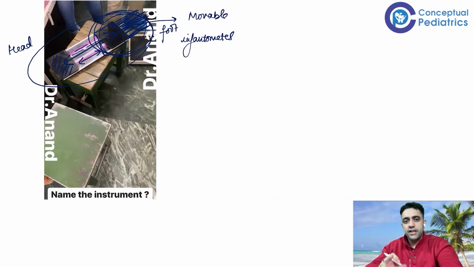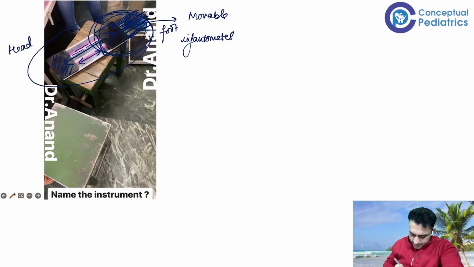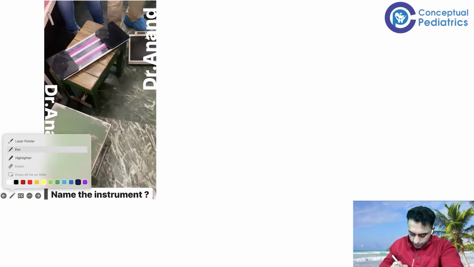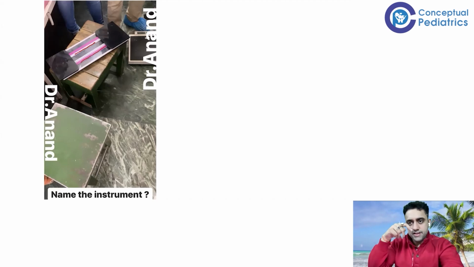This is an infantometer, and this is used to take the length of the baby. If the baby is bigger, then the pink part will be helpful for you. So one is this white part and one is this pink part. Two parts are there where all the measurements 48, 50, 52, 54, 55 are written like that.